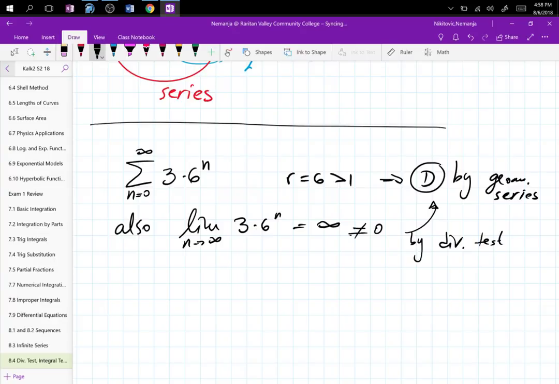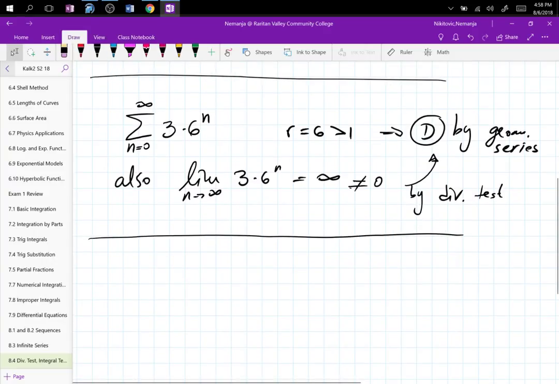Now, divergence test on the sheet that I gave you is called nth term test. If you read different books, or look at some of the lectures online, you might run into a person calling it nth term test rather than divergence. That's the same thing.